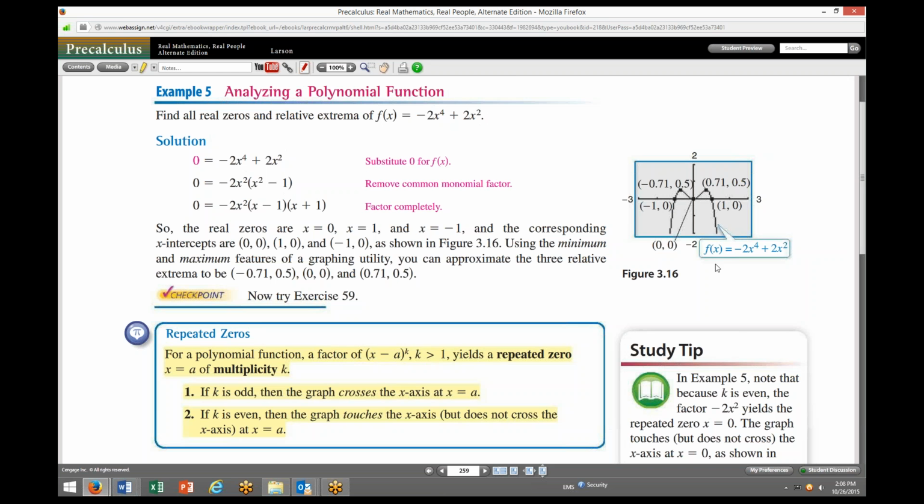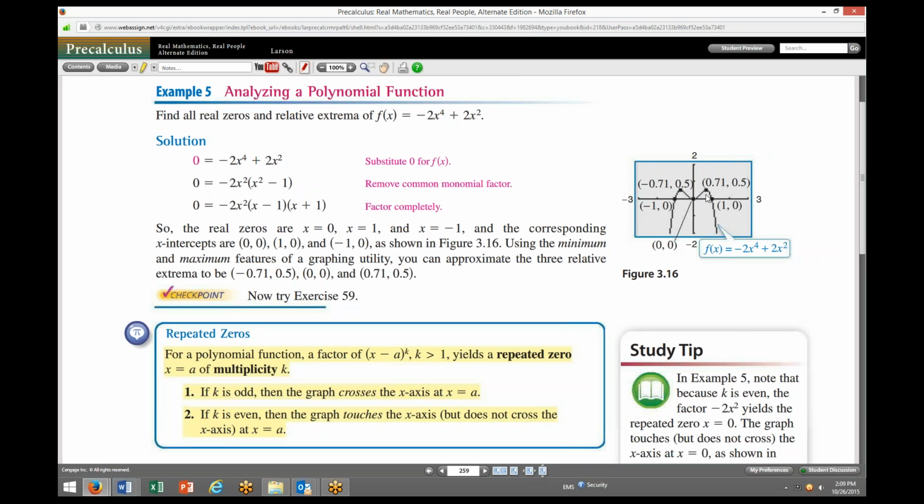We can see the graph of this particular function right here, just to the right of the problem. It's a fourth degree with the leading coefficient being negative, which tells us, even before we graph it, it's going to go down to the left forever and down to the right forever, but it's got this little blip right here in the middle where it comes up from the left and then down and up and then back down again.